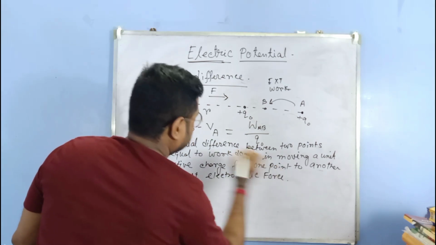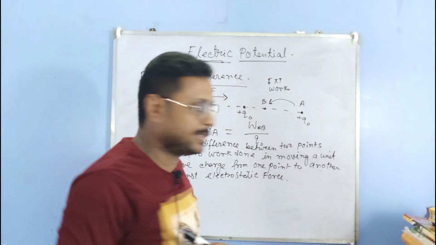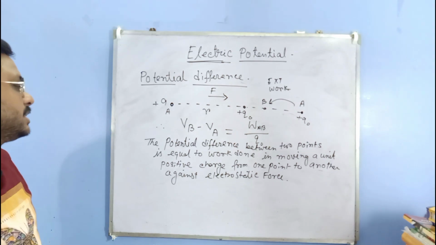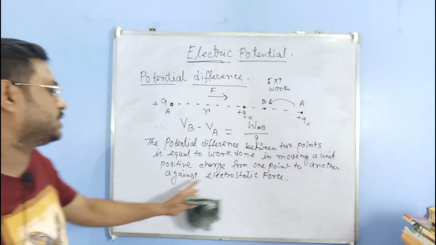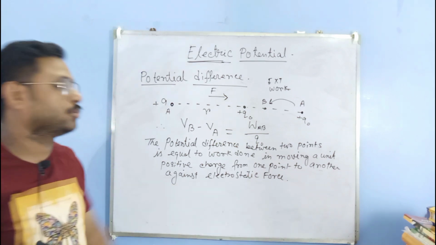That is, the work done is always negative here because the direction of force and displacement are opposite to each other. The potential difference between two points is equal to the work done in moving a unit positive test charge from one point to another against the electrostatic force.